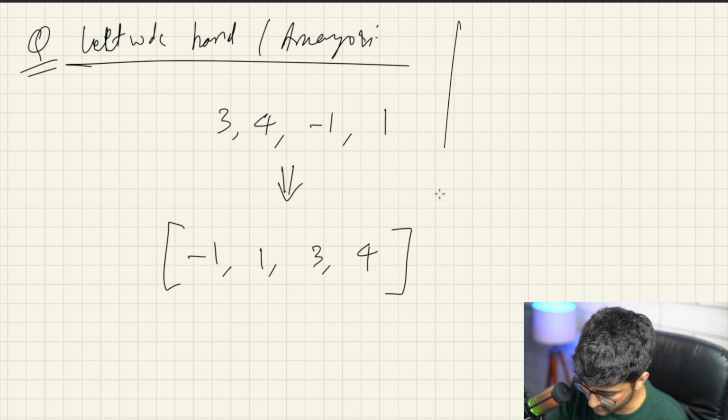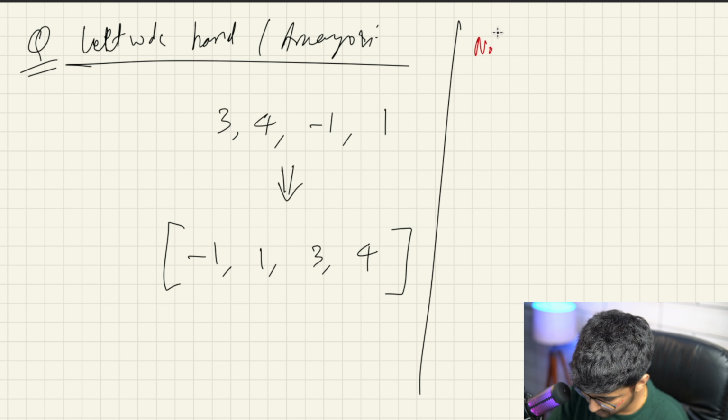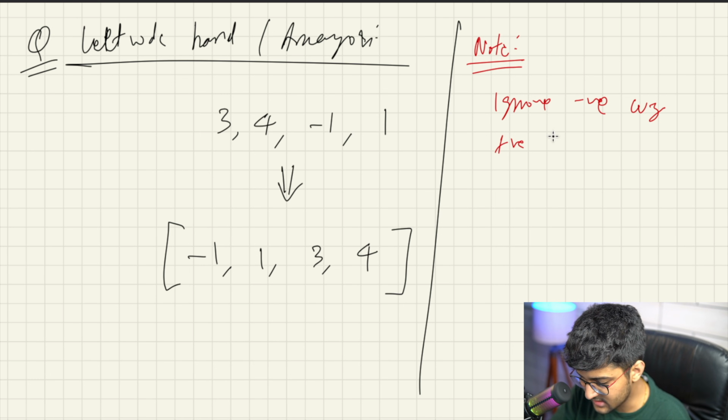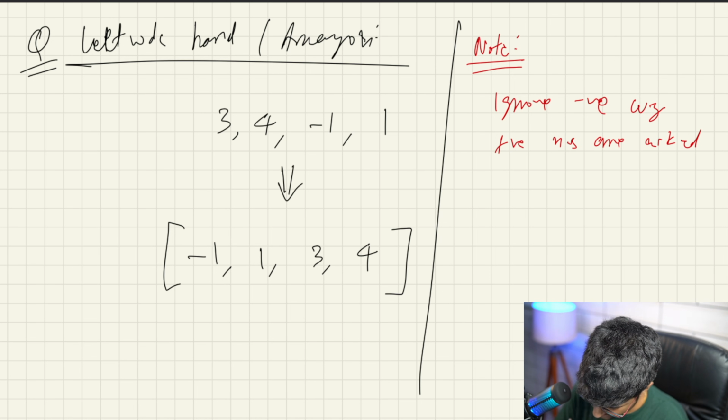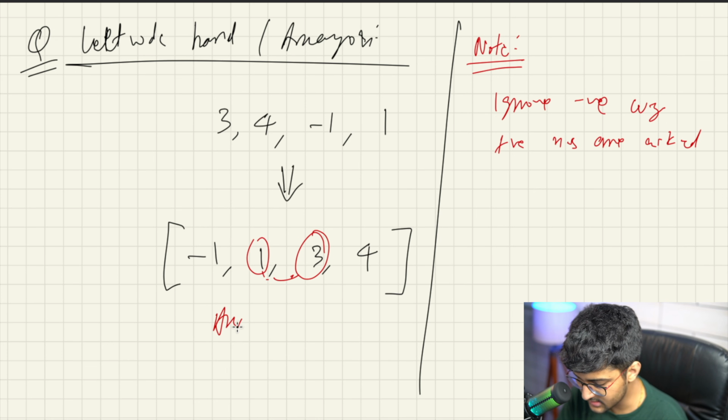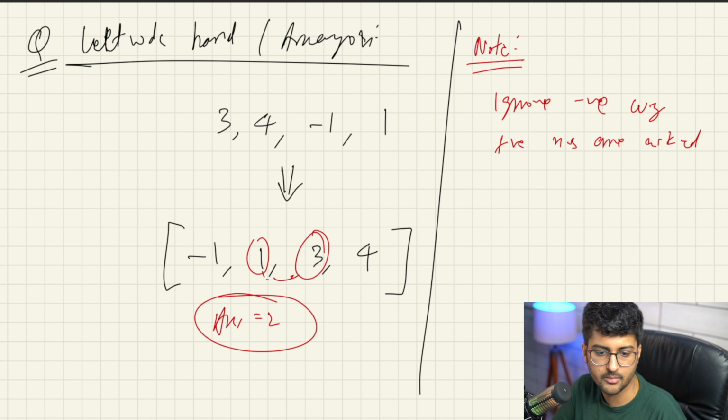So note over here: ignore negatives, because positive numbers are asked. So ignore the negative numbers. I will look at 1, and I will see, okay, the smallest two numbers are 1 and 3. Is there a number between these? Yes, 2 is missing. So the answer in this case is 2. The smallest missing positive number is 2.